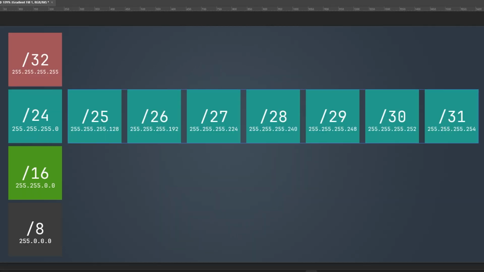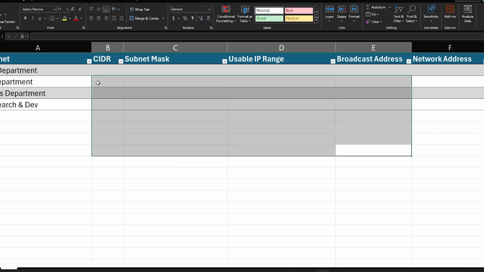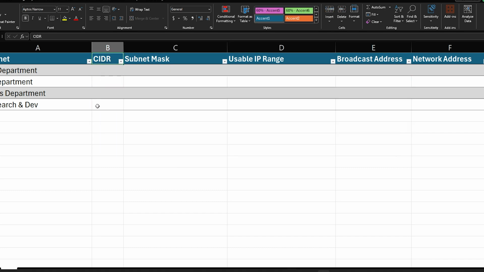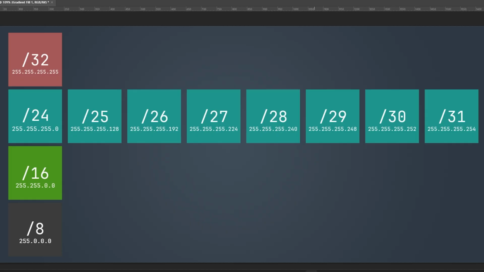Any number that we input in the CIDR column is going to be either 25, 26, 27, 28, 29, 30, or 31. It is not going to be any of these other numbers; those essentially cancel out. We're only working within this range, 25 to 31.